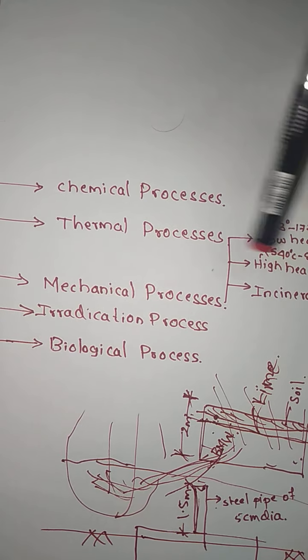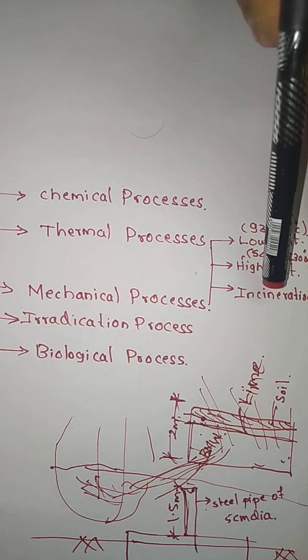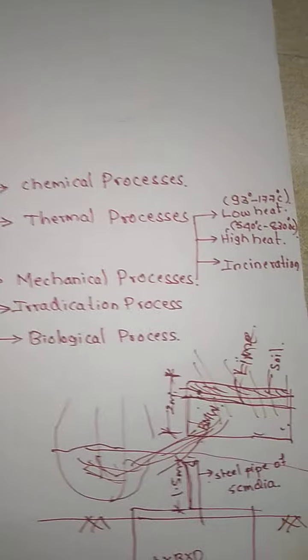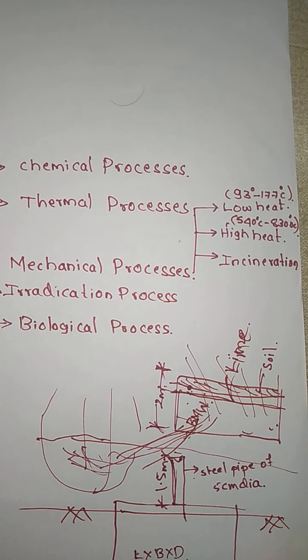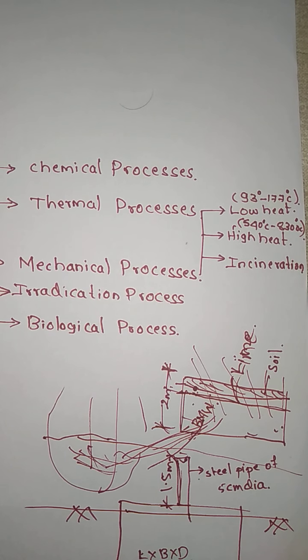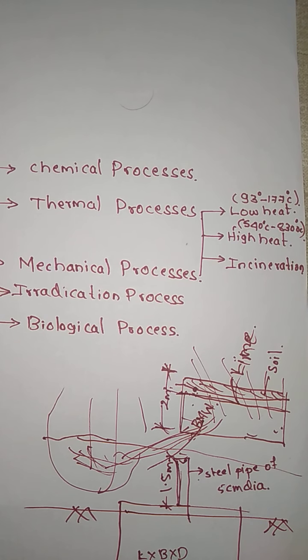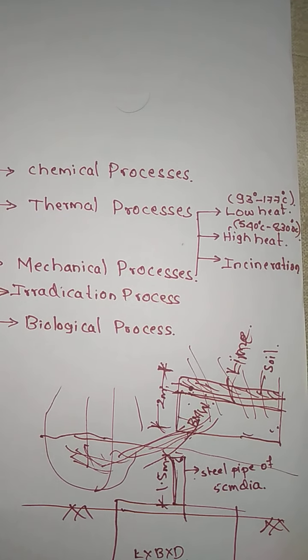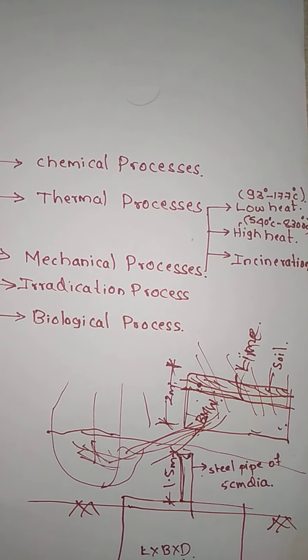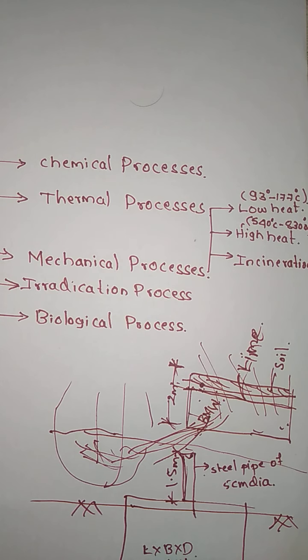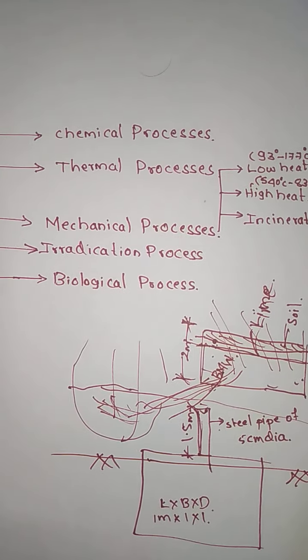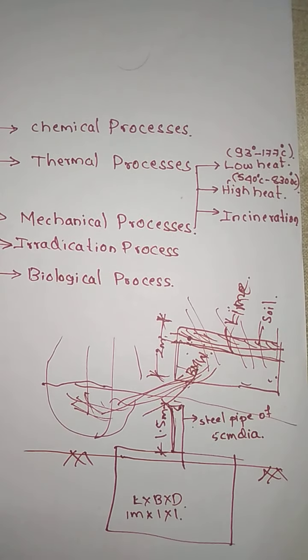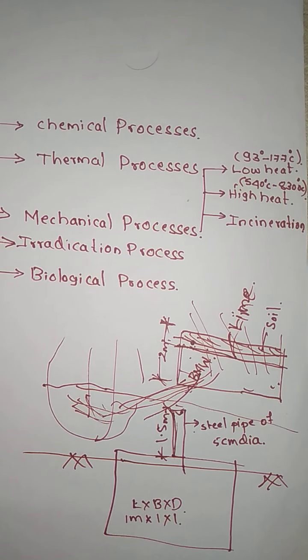Then incineration, where we use the multiple hearth furnace and rotary kiln incinerator. For mechanical processes we use shredders and compactors. For irradiation we use UV treatment. For the biological process we use the sanitary landfill for both human anatomical waste and sharps disposal.